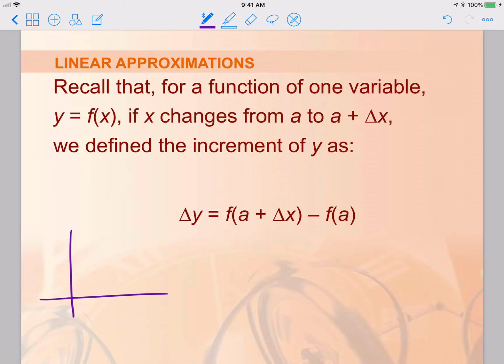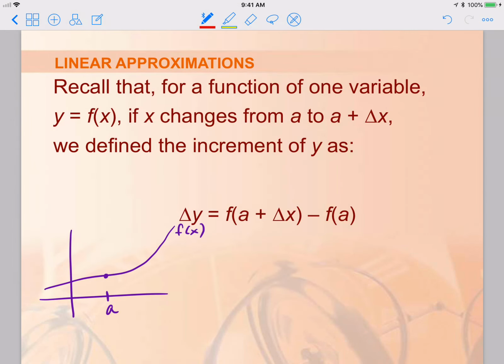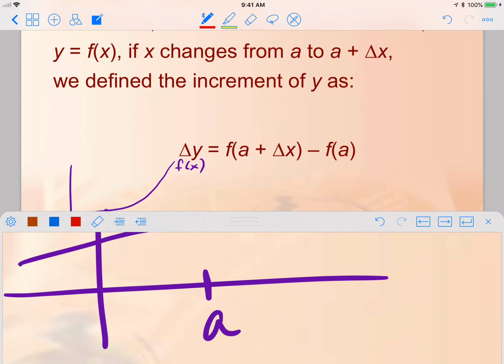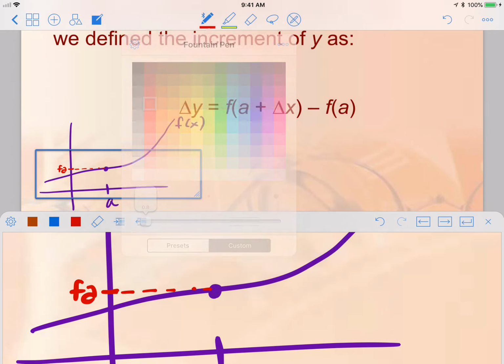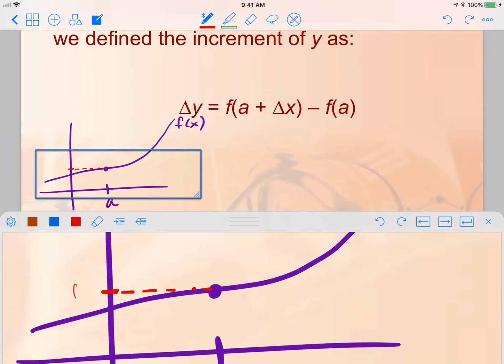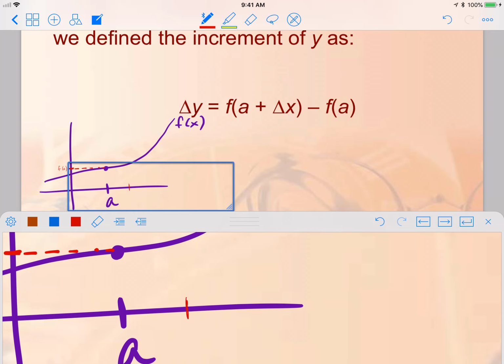So here was the picture for that. Say this is your function f of x, and you're at some point a. Let's zoom in here. Okay, so this value here is going to be f of a. And now if this is a, and we have now here a plus delta x, right?